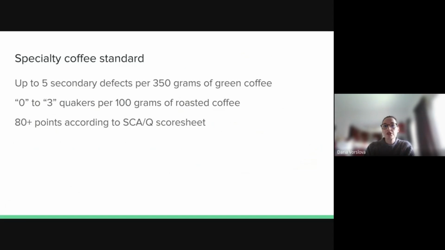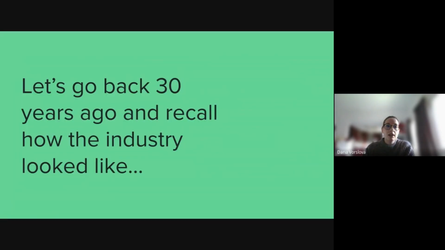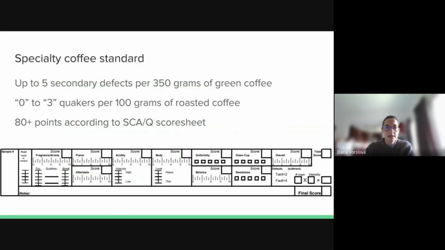So this is our specialty coffee standard. We all know it. It's important to mention that besides 80-plus scores on the score sheet, we also need to include the physical defect count. The green coffee sample of 250 grams shouldn't have more than 5 secondary defects, and this is super important.